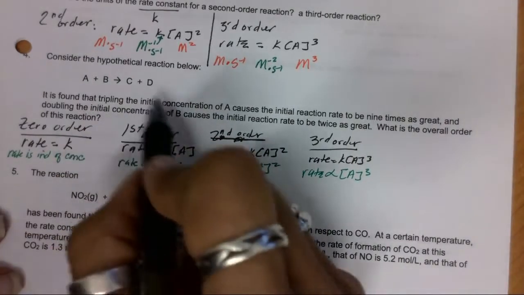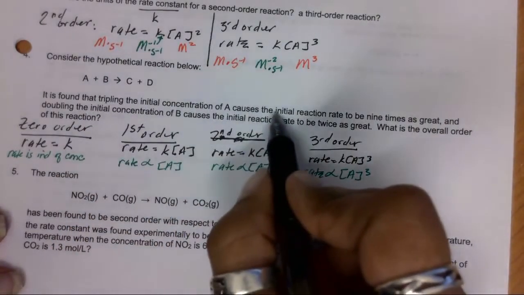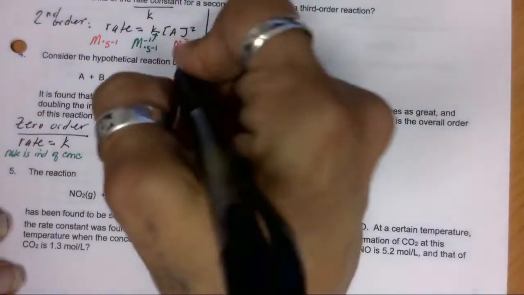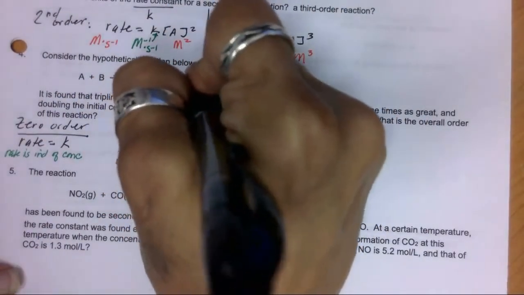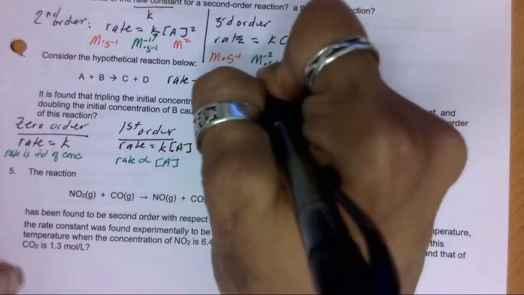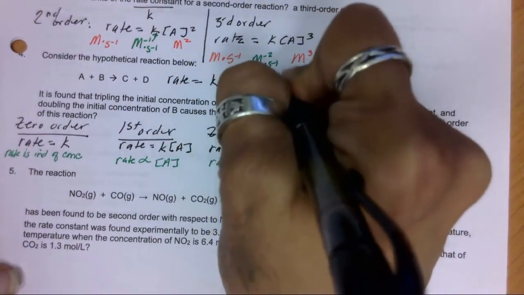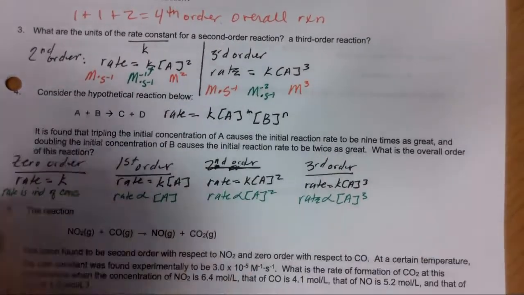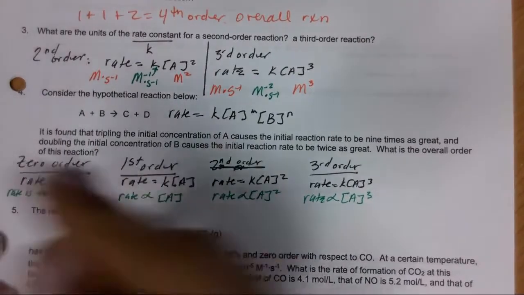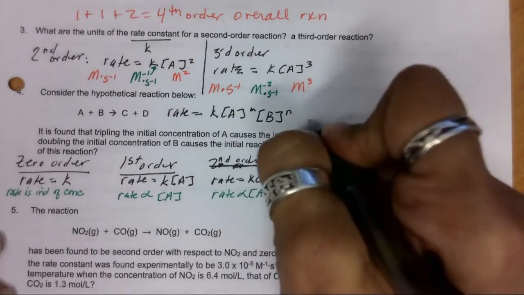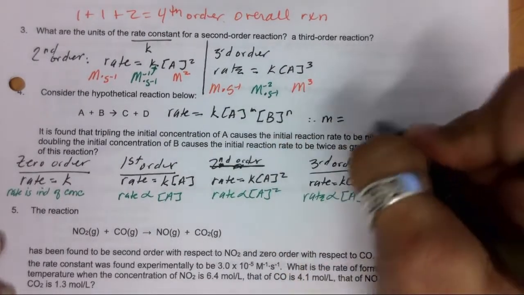So let's just write the general rate formula, where rate is equal to K times the concentration of A raised to the power of M times the concentration of B raised to the power of N. Now this could keep going and going, but we're keeping this simple in this class. You guys aren't having to do real difficult kinetics here. Okay, so let's break this down slowly.